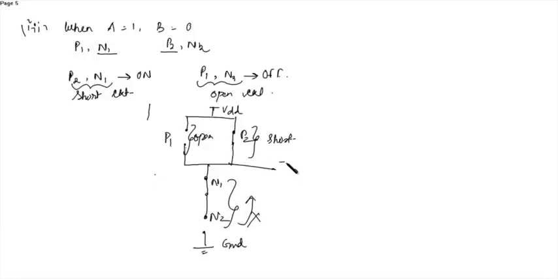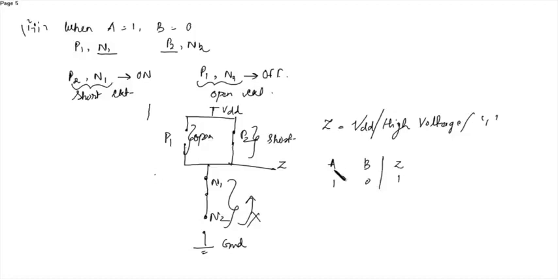So at the output terminal Z, we'll get VDD, or you can say high voltage, or you can say 1. So when A is equal to 1, B is equal to 0, the output obtained will be 1.